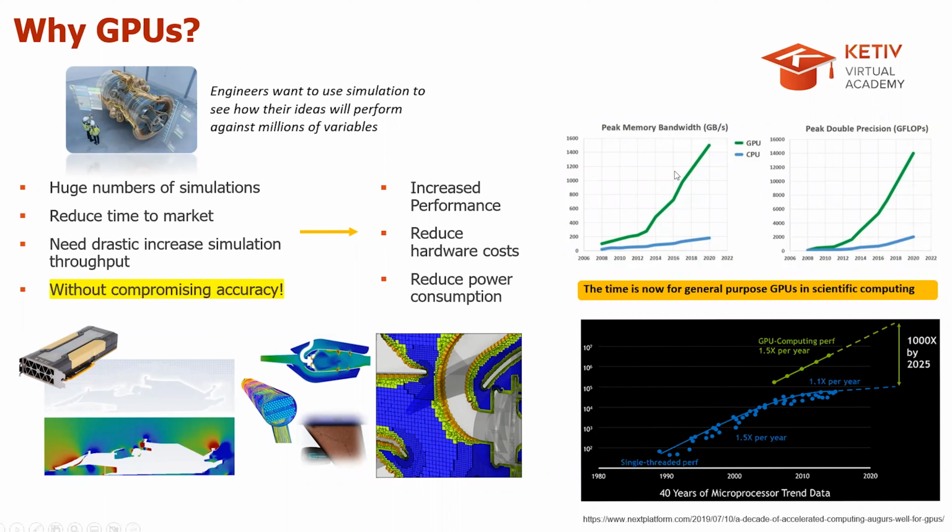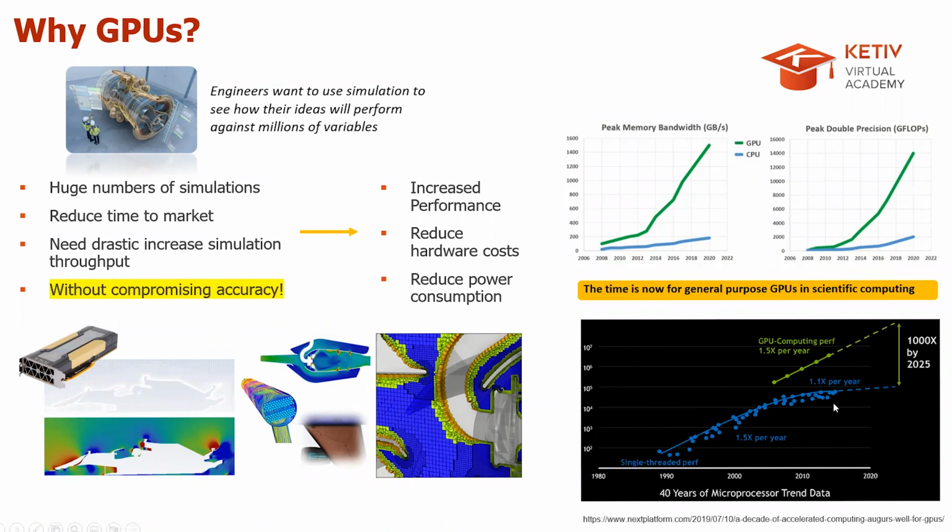On the right, you can see some metrics that have been collected from nextplatform.com. Over the past couple of years, you can see how GPU performances compare to CPU performances, both in terms of peak memory bandwidth and peak double precision. GPUs almost give you 8 times the performance gains when compared to CPUs.